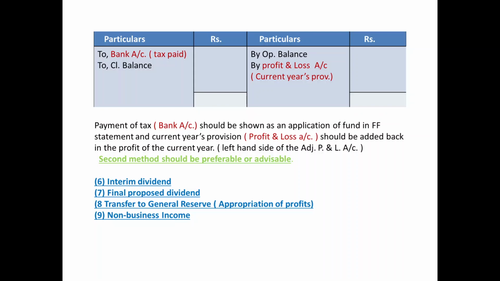This second method should be the preferable or advisable method. As I told you, in majority of the questions, some additional information always would have been given either for the current year's tax provision or for the current year's tax payment, and considering that, this second method is an advisable method. Be careful about this income tax provision treatment because in every question you have to deal with it.